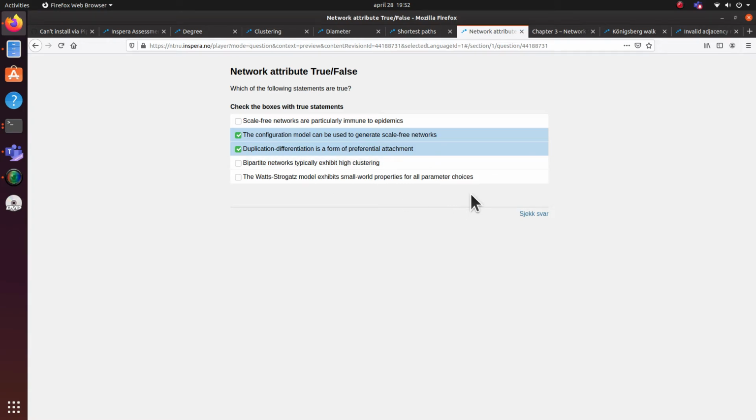Bipartite networks typically exhibit high clustering. Well, a bipartite network has multiple ways of interpreting it.